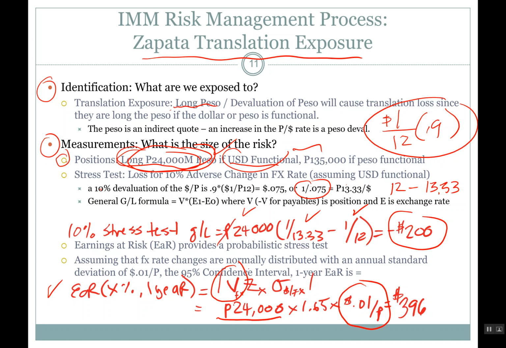Compute the annualized standard deviation of the peso. I estimated it's roughly about a penny per year. In other words, 1/12 is the current exchange rate, which is about 7.5 cents, and the 1-year standard deviation of the peso is about a penny.